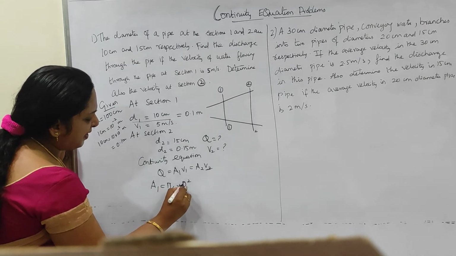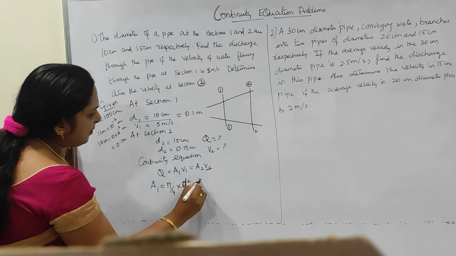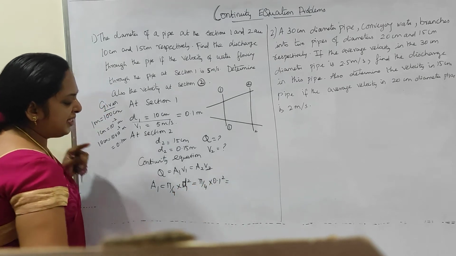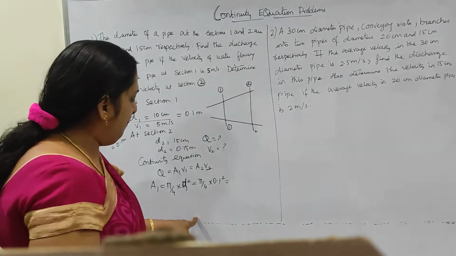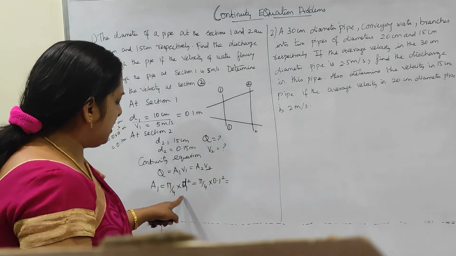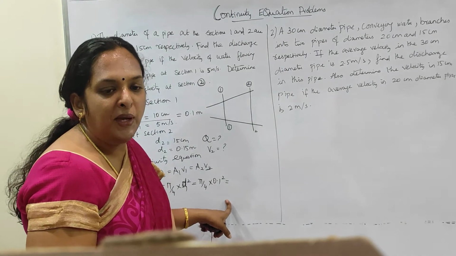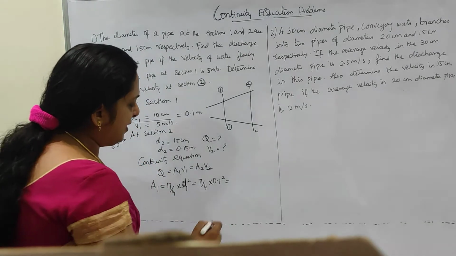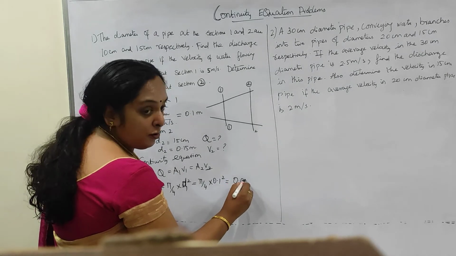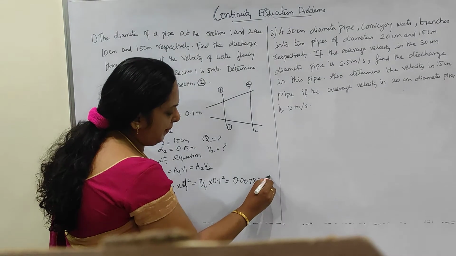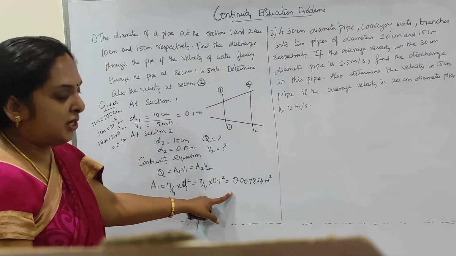The diameter is given in the problem. It is pi by 4 into 0.1 square. So what is my area I am getting? It is 0.007854 meter square. It's just substitution in this equation.